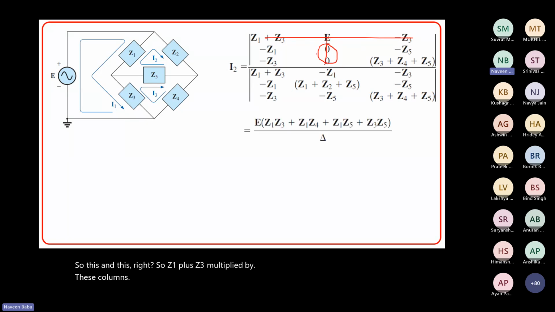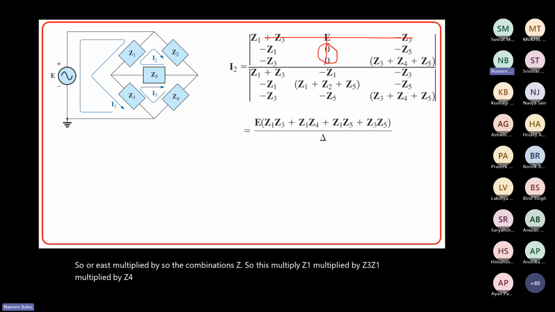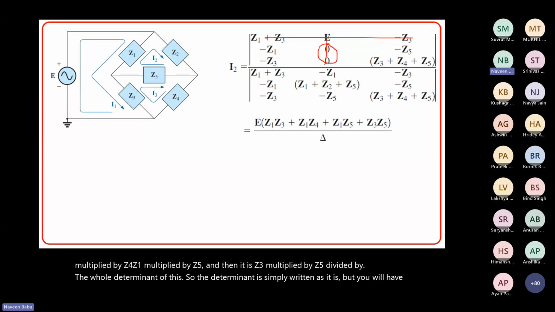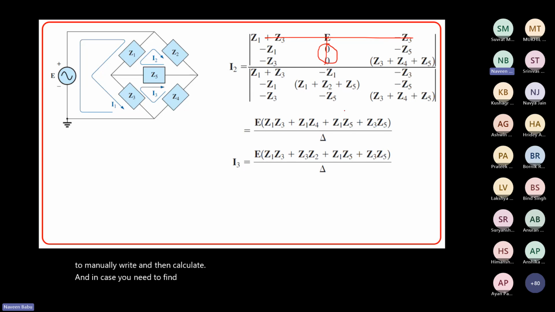So the combinations are Z1 multiplied by Z3, Z1 multiplied by Z4, Z1 multiplied by Z5, and then Z3 multiplied by Z5, divided by the whole determinant of this. The determinant is simply written as it is, but you will have to manually write and then calculate. And in case you need to find out I3, similarly the third column gets replaced with E. So accordingly you will have to write.